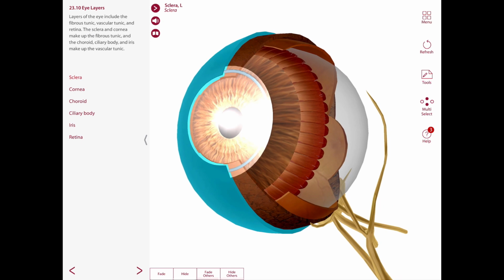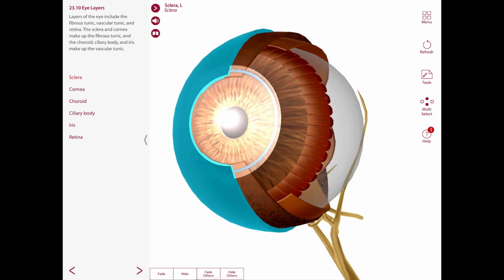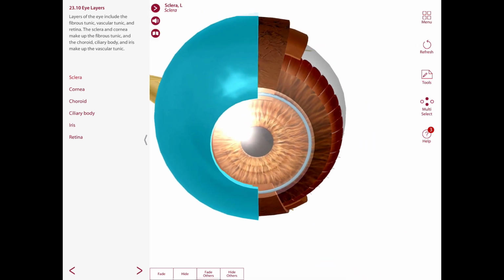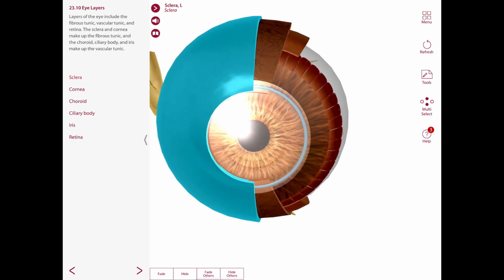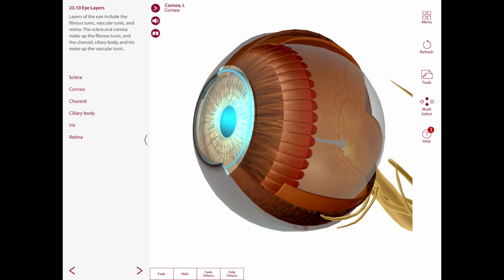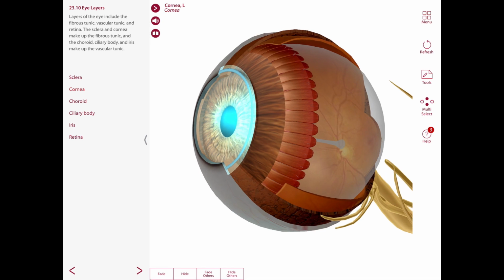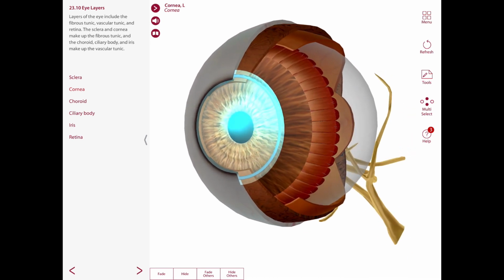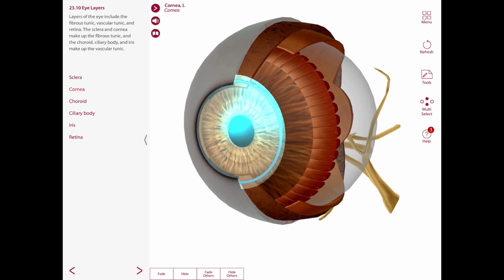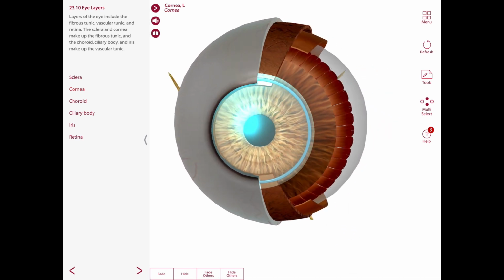The sclera is a layer of tissue that is white externally, so that's the white part of your eye. And the sclera is composed of collagen or collagenous fibers. Meanwhile, the cornea is this transparent tissue on the anterior portion covering the iris and the pupil.